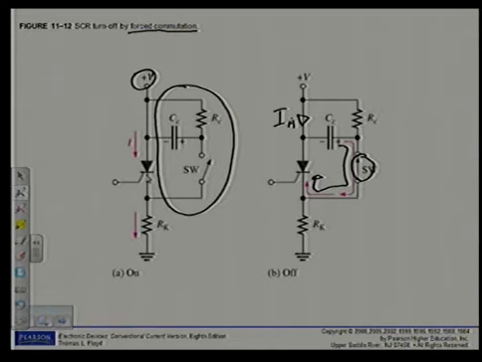Alright, at the bottom of page 560, just below figures 11.11 and 11.12, there are some SCR characteristics and ratings, which you will find on the data sheet, of which you have been introduced to in Electronics 1 concerning a normal diode. Of course, we do get data sheets for all electronic devices.